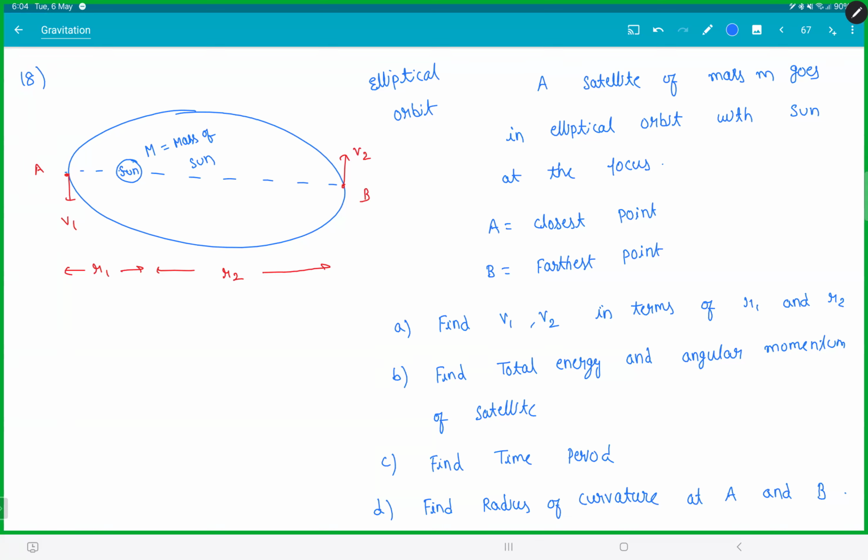Let's see. No, that is wrong. Daksha, I think you got it. Try the remaining parts.